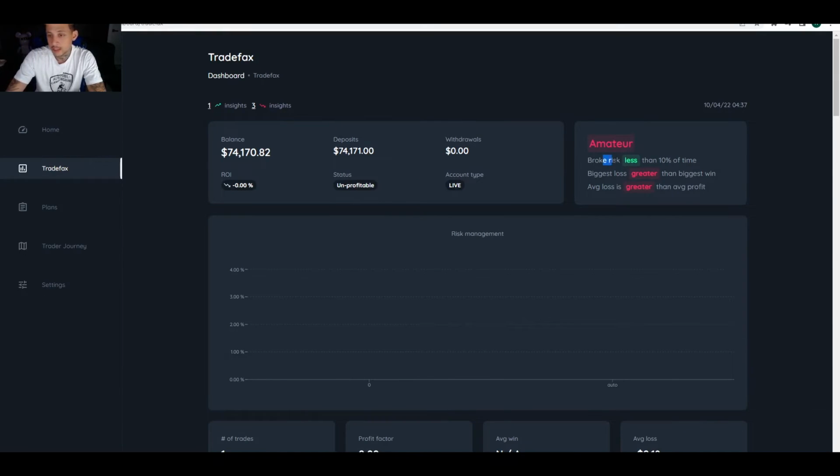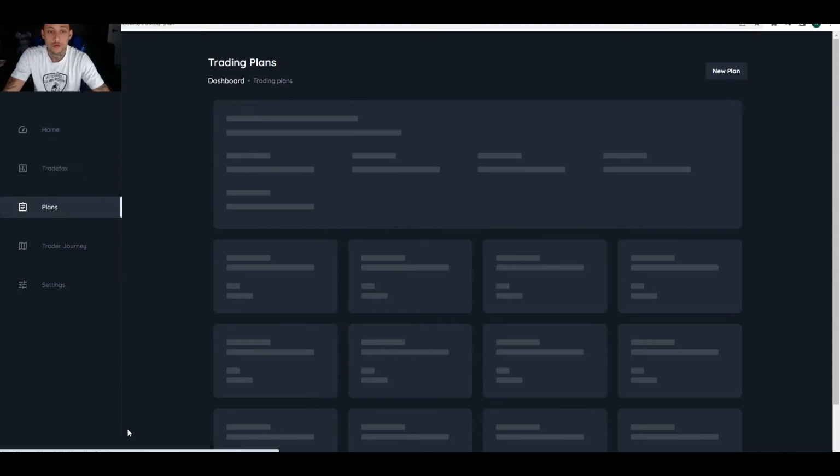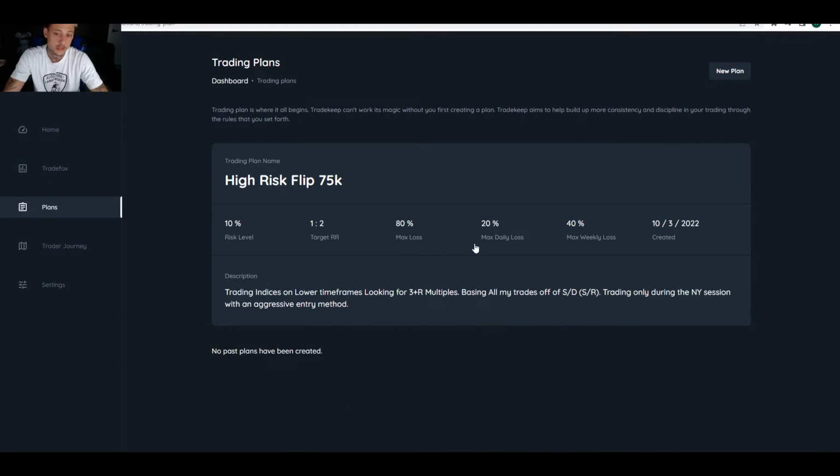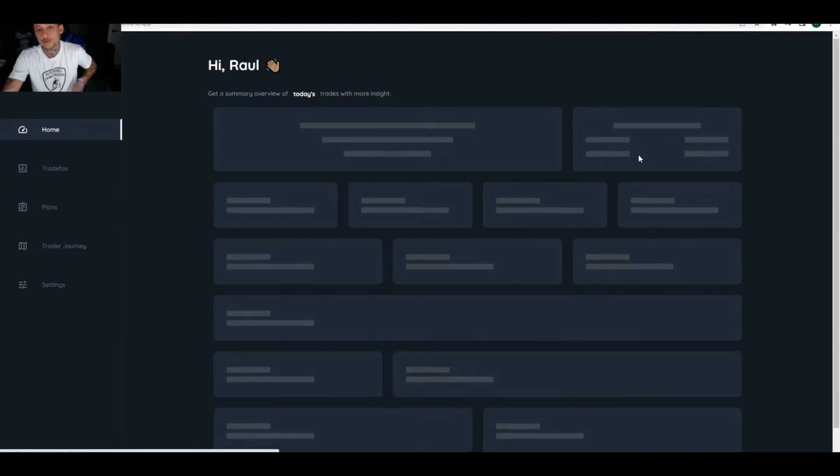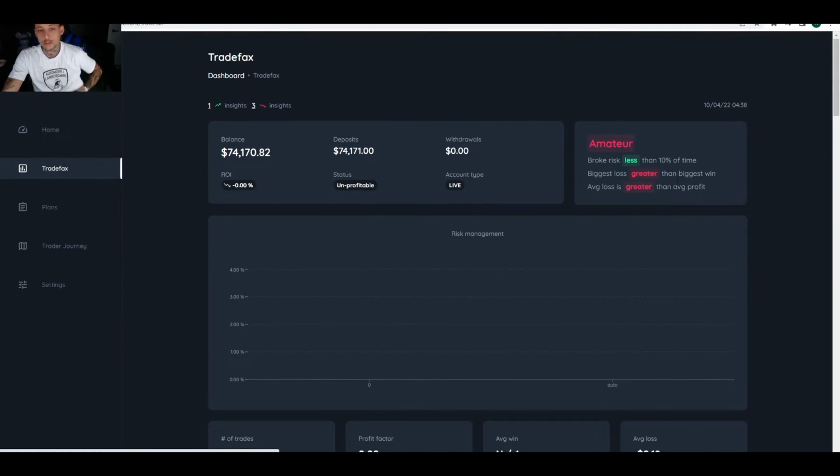And then this is something else where the journal itself tracks, based off of the statistics that you gave it from your rules. When you go over into plans, your max loss, etc., this is where it will let you know how you're actually doing. So very simple.